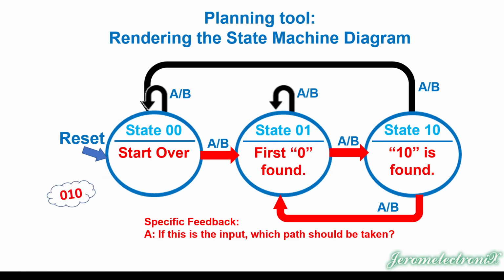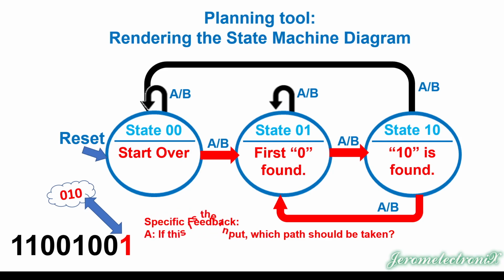We were looking for the sequence 0, 1, 0, and the first digit we found was a 1. That's not the first digit we're looking for, so we're not going to go to state 1 where the first digit is found. So if the first digit we came across is a 1, if this is the input, which path would be taken?